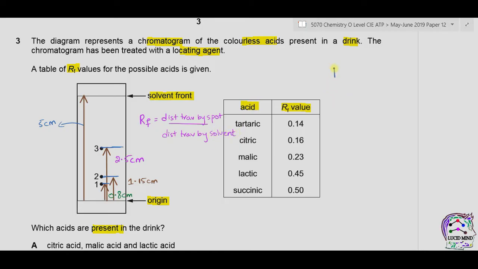For first spot, Rf value will be equal to 0.8 centimeter divided by the distance traveled by solvent front, which is 5 centimeters. So it comes equal to 0.16.